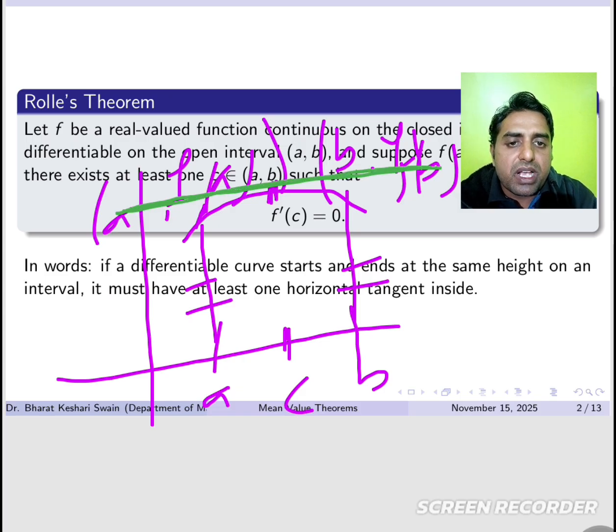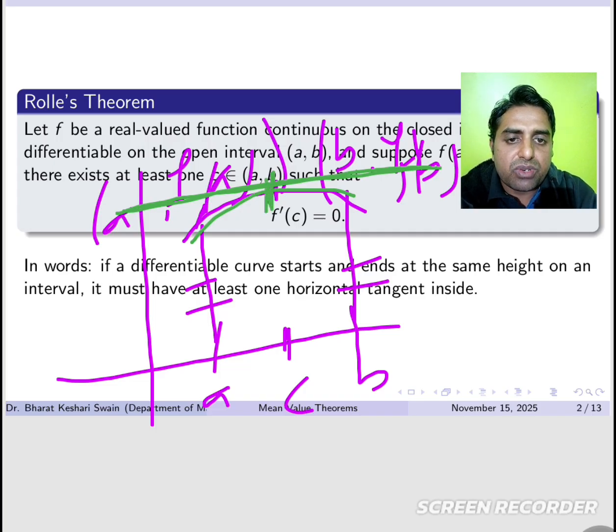So f'(c) means what? f' means slope, and f'(c) means the slope of the curve at point c. This point is (c, f(c)), and this f'(c) will represent the slope of the tangent.